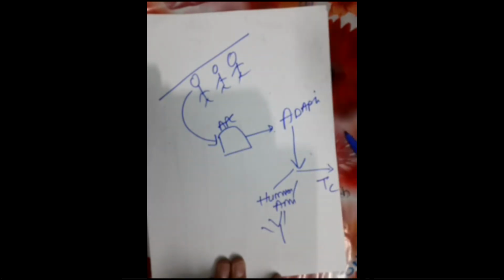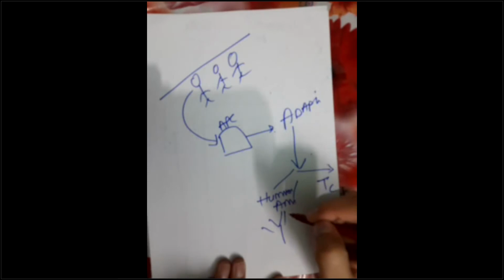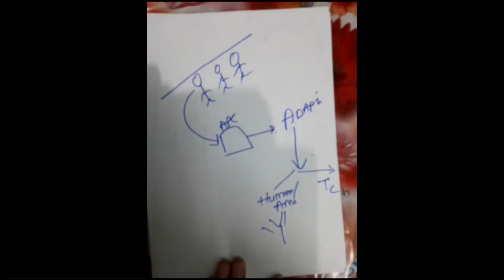When will humoral immunity take place and when will cell mediated immunity take place? Let me know in the chat box. I told you in the starting of the session.